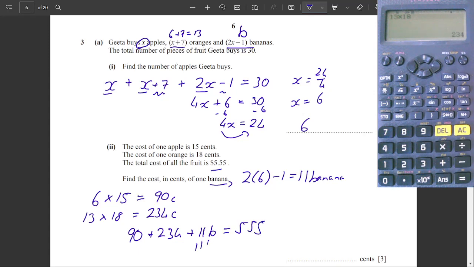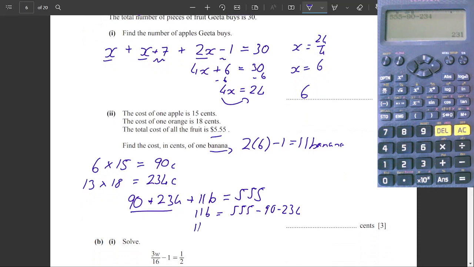So to work out the cost of one banana, we first need to subtract this from the other side. So 11 bananas cost 231 cents. One banana will be 231 divided by 11, 21 cents. Which is a fair price for a banana, I guess. Depends on where it's from.